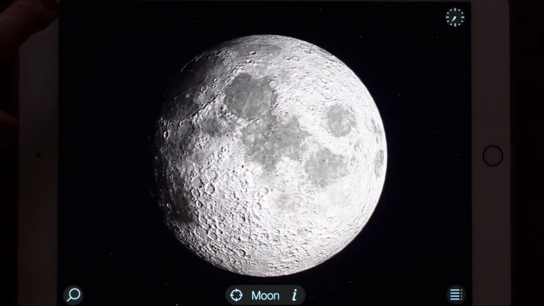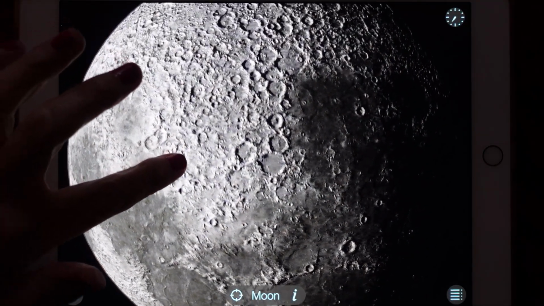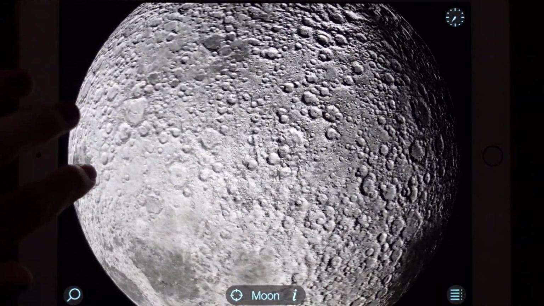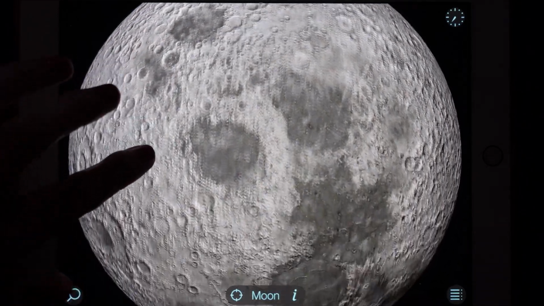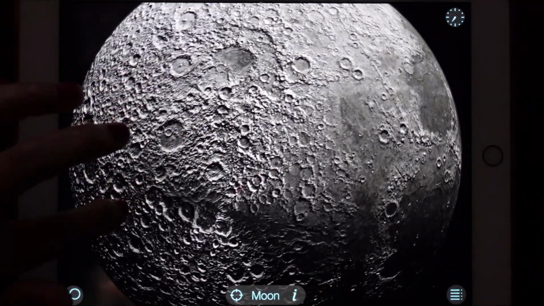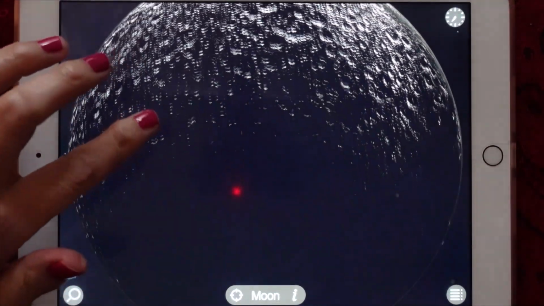Okay, so here we can see, if I set it spinning, all the craters. It's really quite beautiful actually. This is the dark side of the moon.